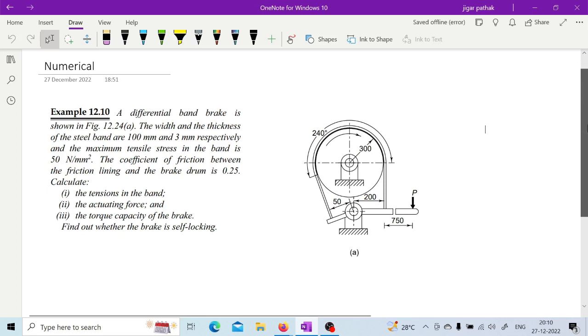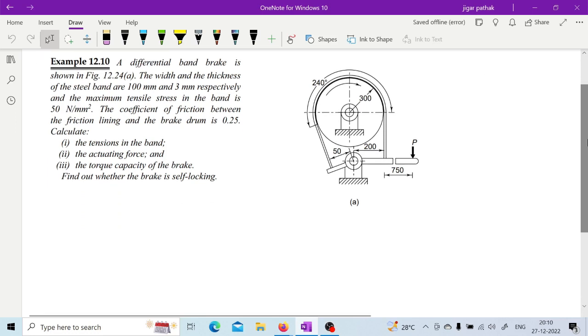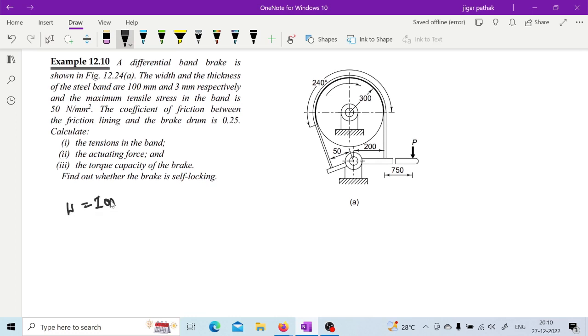Yes, sir. So first note down the given data: the width is 100 mm, thickness is 3 mm, mu is 0.25, sigma t is 50 Newton per mm square, and r is 300 mm.